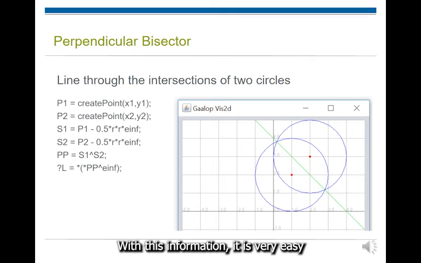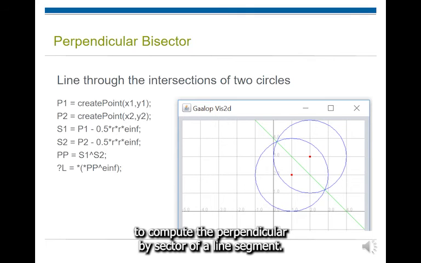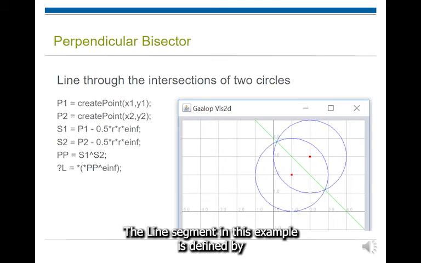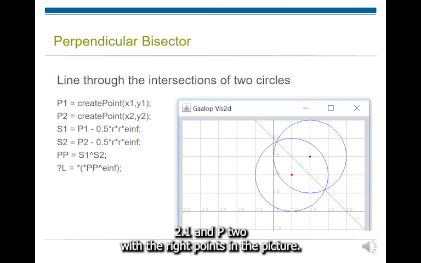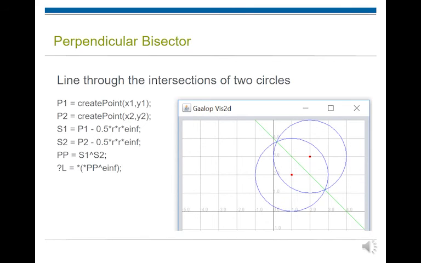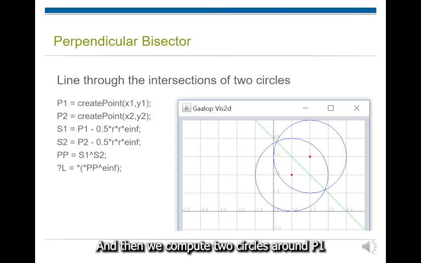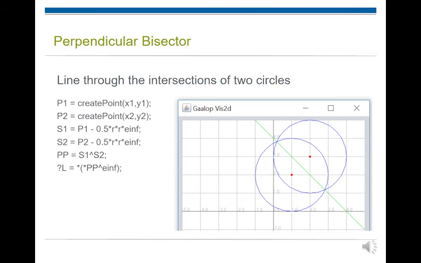With this information, it is very easy to compute the perpendicular bisector of a line segment. The line segment in this example is defined by 2 points, P1 and P2, the red points in the picture. And then we compute 2 circles around P1 and P2 with the same radius. And then we intersect the 2 circles based on the outer product of the circles.